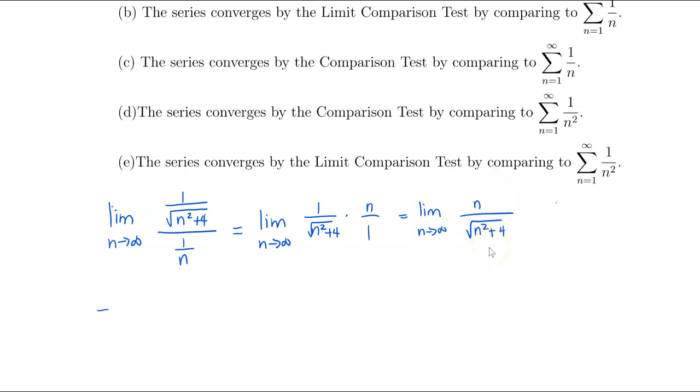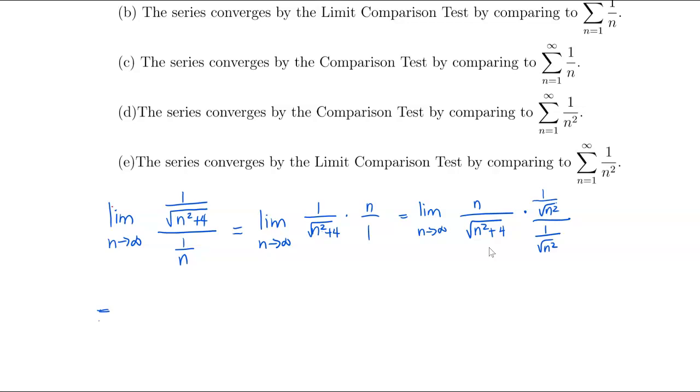Now, this would be equal to the expression here. Then let's go ahead and evaluate this. To evaluate this, we will just have to multiply this by 1 over the square root of n squared, all over 1 over the square root of n squared.